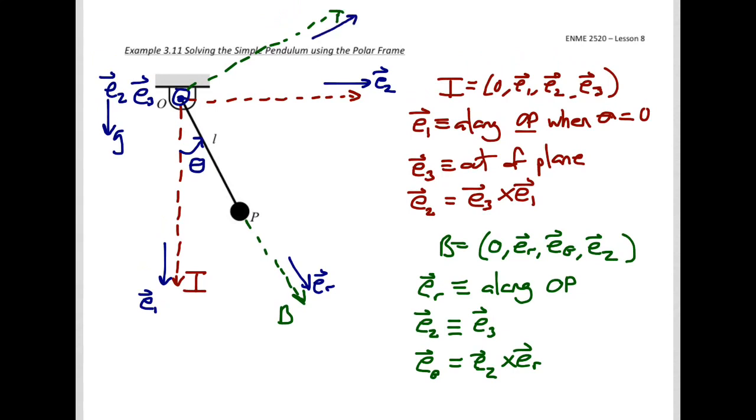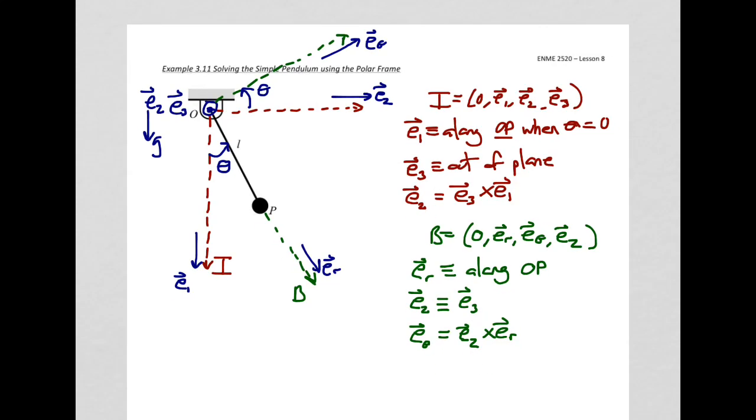So here's our E theta. We see that that does line up with what we've already defined as positive theta. There's theta there to finish out the relationship.